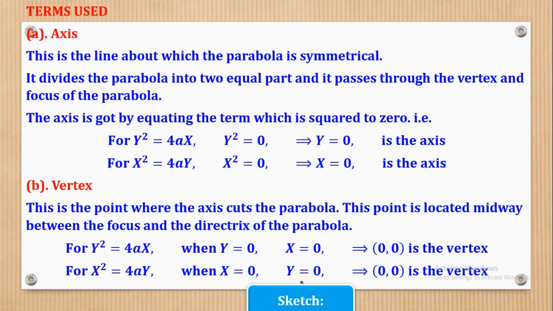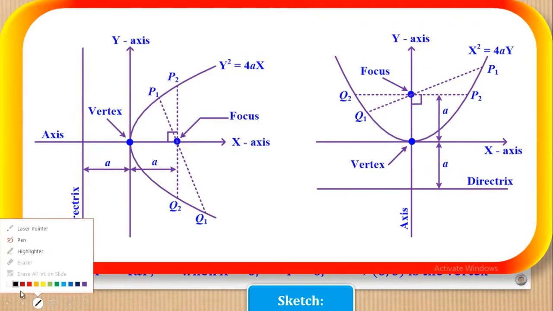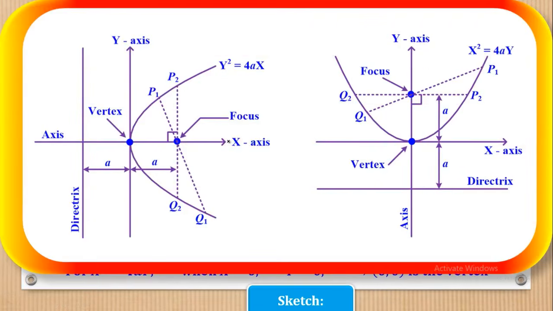So when you look at this sketch, for this case we say that a curve in this form is symmetric about the x-axis. So this line divides this curve into two, so that line becomes our axis. When it is in this form, it is symmetric about the y-axis, so this y-axis is what divides this curve into two equal parts.